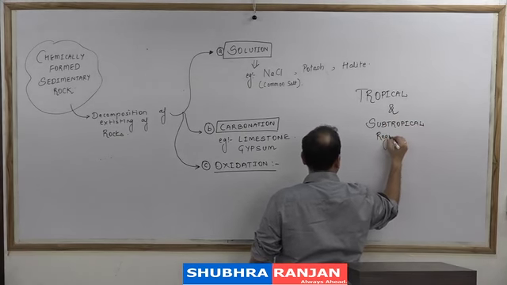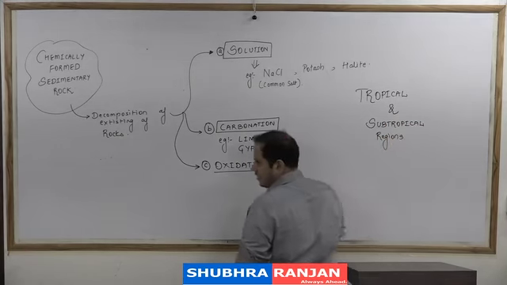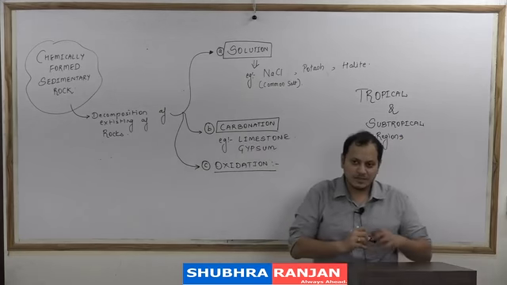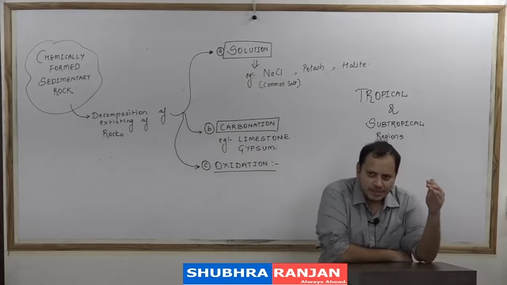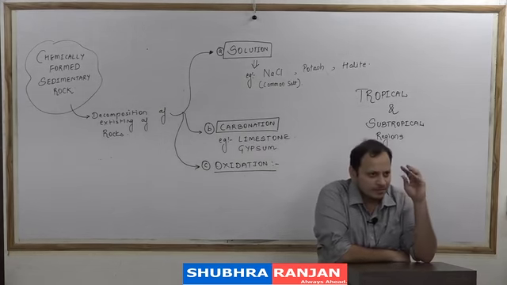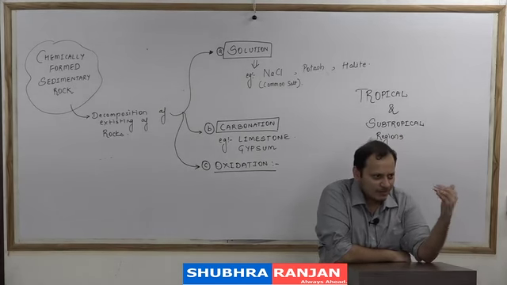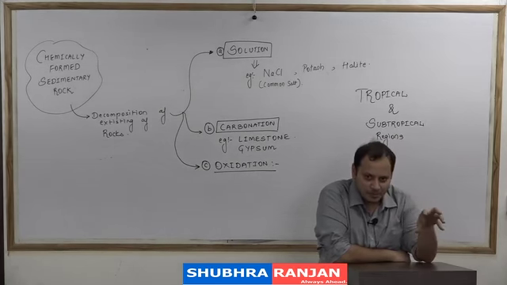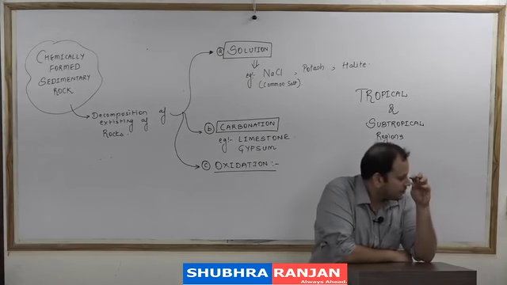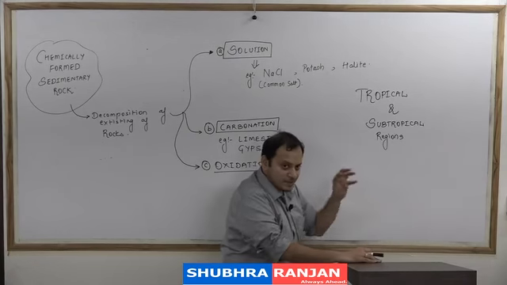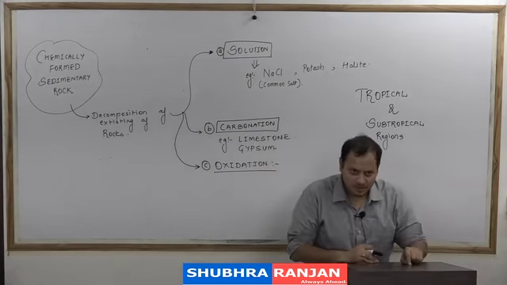You will understand this in climatology, what you mean by tropical, what you mean by subtropical. Tropical is the equator, 0 to 10 degrees north, 0 to 10 degrees south. Then 23 and a half to 30 degrees north, 23 and a half to 30 degrees south latitude is subtropical. So especially in the tropical and the subtropical regions.